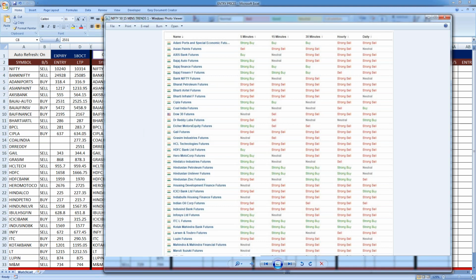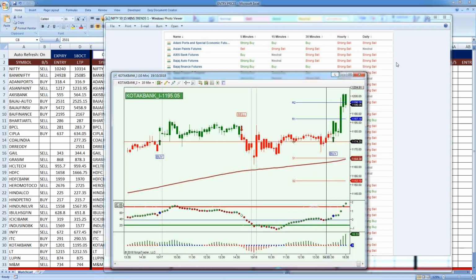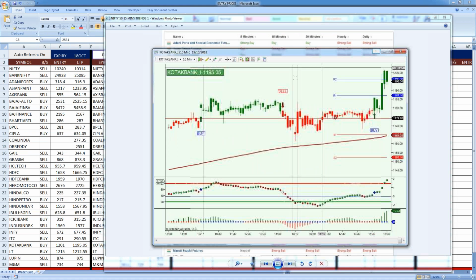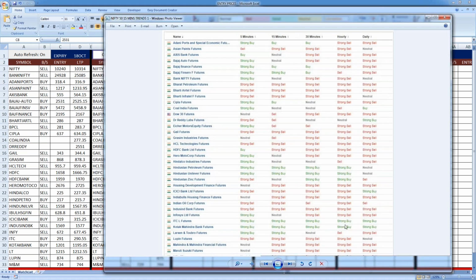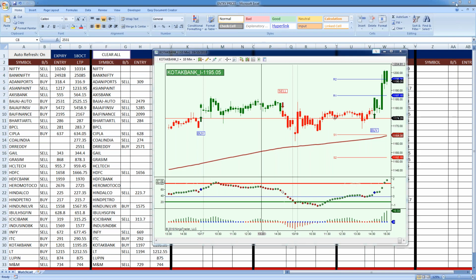I gave a sell call initially. Where's Kotak? Yeah, here it is. I have Kotak. So I just told you it's a strong buy on all time frames. Initially with Kotak, let me just close this.